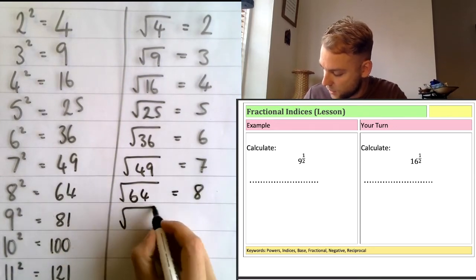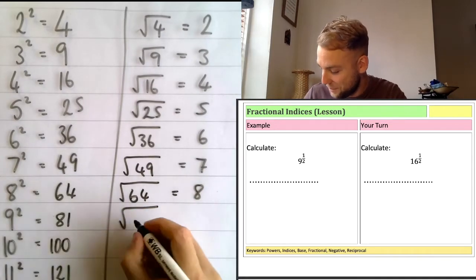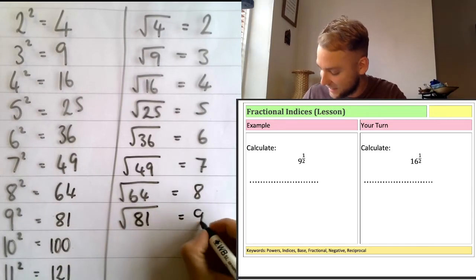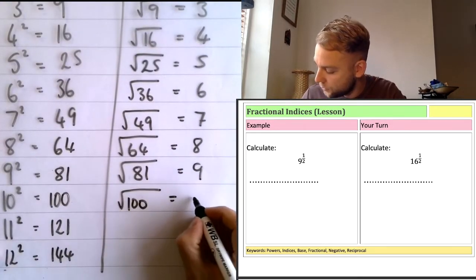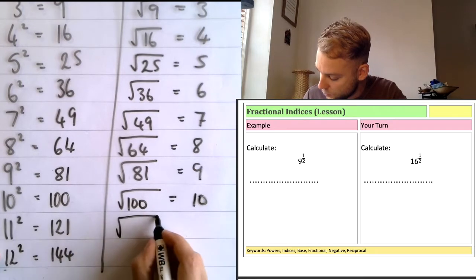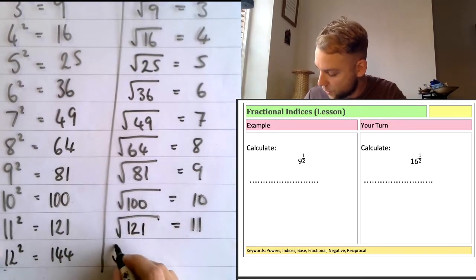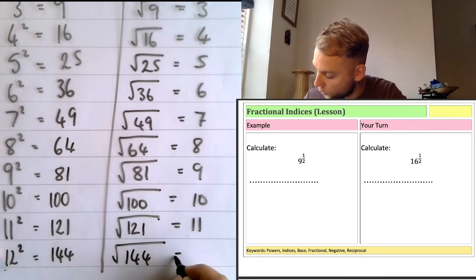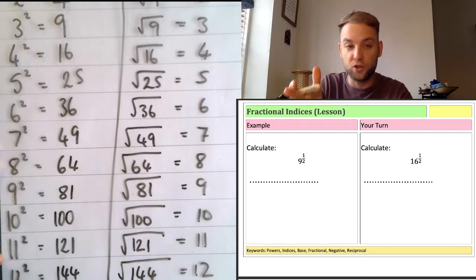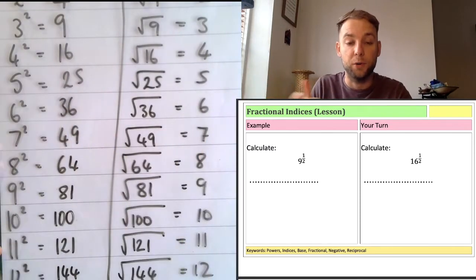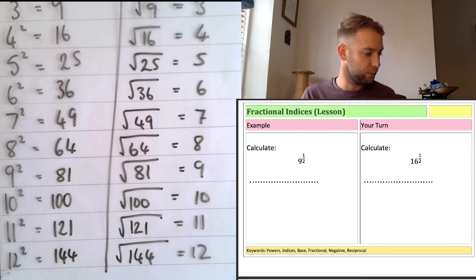The square root of 81 is equal to 9. The square root of 100 is equal to 10. The square root of 121 is equal to 11. And the square root of 144 is equal to 12. Make sure you have got these in your notes. This is all your squareds and then your square roots, so going backwards and forwards.